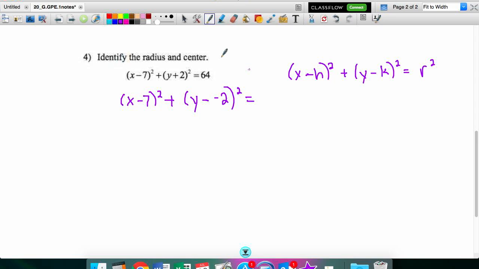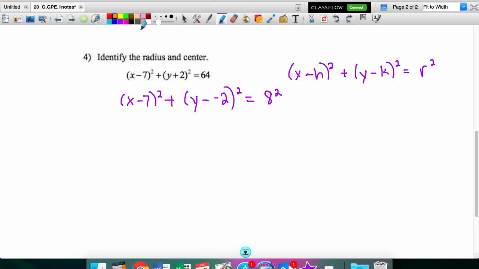And this will be equal to some quantity squared. So now the question is, what number, when squared, will give us 64? And it turns out that 8 squared gives us 64. So essentially all we've done is rewrite the problem using double negatives and find the particular number that, when squared, is equal to 64.